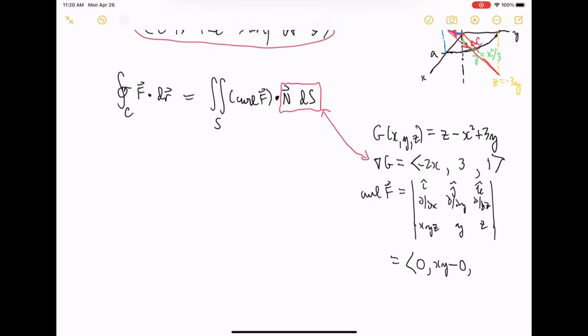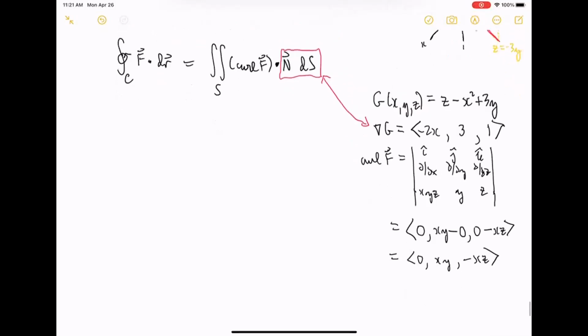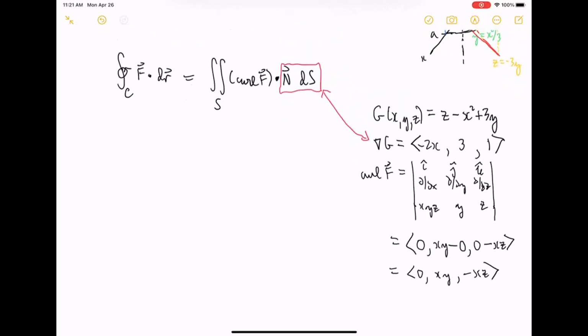So it's going to be 0 minus partial y of xyz, which is, what is it? xz. Okay, so we have our curl. It is 0, and then we have xy, and then we have minus xz. There it is.